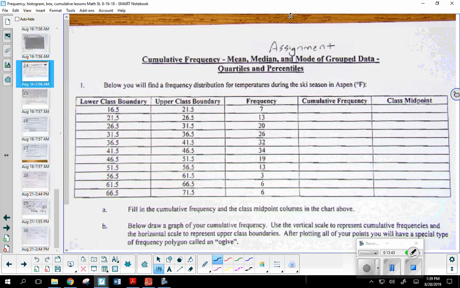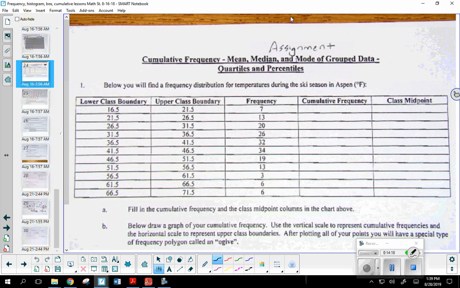Okay. Now, here, what we're talking about with cumulative frequency, because we don't know what the data is. Like, for example, this is talking about temperatures during the ski season in Aspen, okay, for whatever time period this is. So, for example, I know that there are 7 temperatures that belong in this class interval right here. But the problem is I don't know what they are. So if my data is not actually provided to me, it's already been broken up into class intervals. If I'm wanting to find the mean, then I need to use the midpoint when doing so.